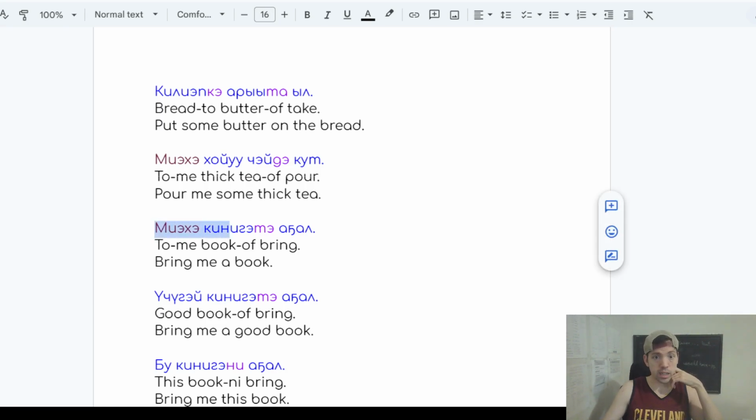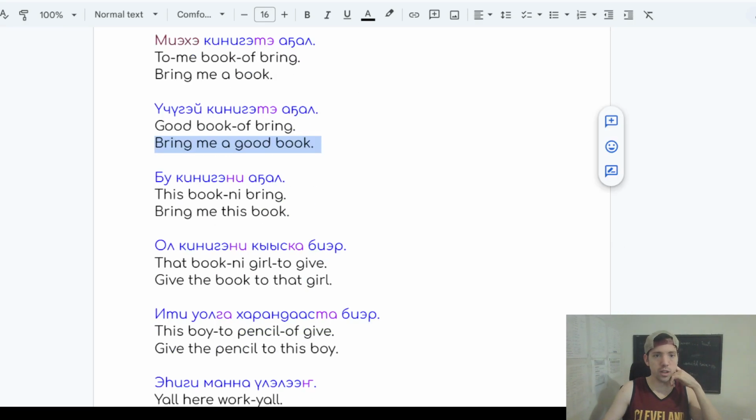Miache kinigete agal. Bring me a book. Ichige kinigete agal. Bring me a good book. Bu kinigeni agal. Bring me this book. Again, you can pay attention to, okay, what does it have? Direct object, what does it have? Partitive. Ol kinigeni kuzka bier.